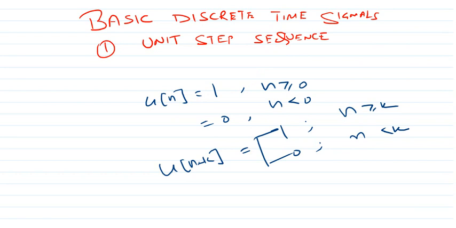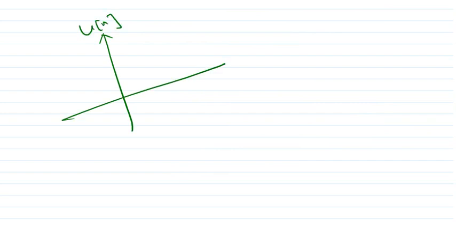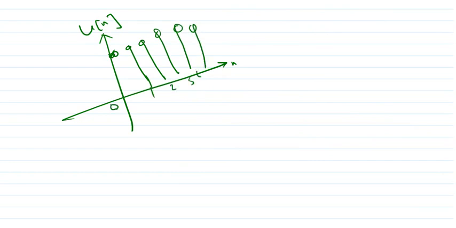We can draw the diagram of the unit step signal. It is like this: 0, 1, 2, 3, 4, 5 up to infinity.